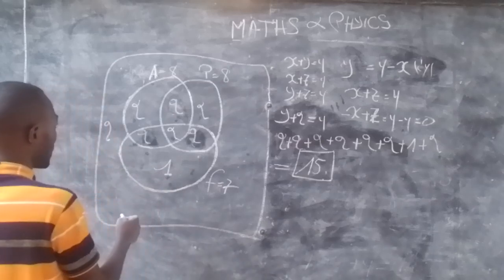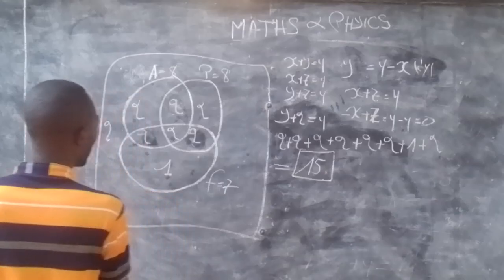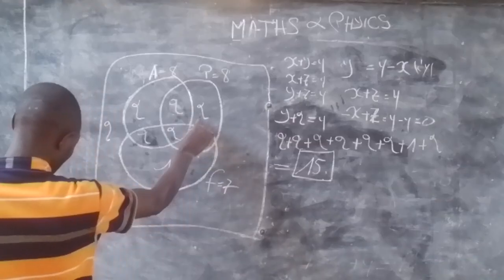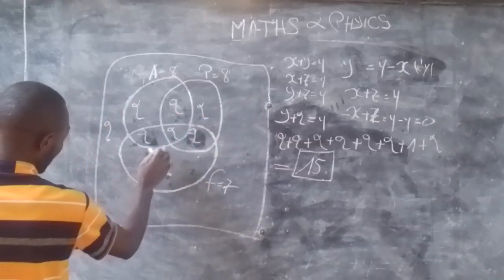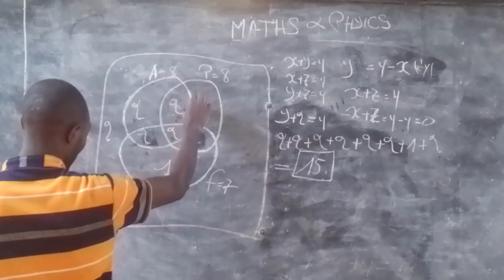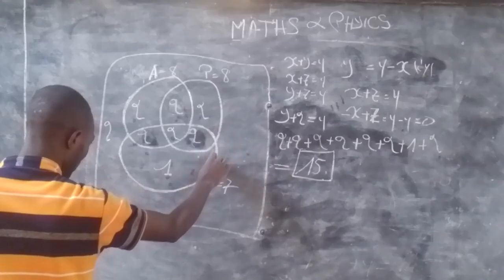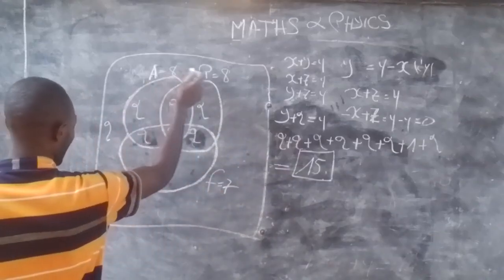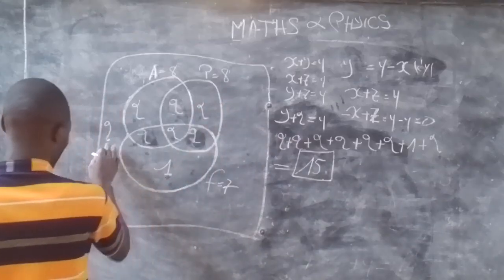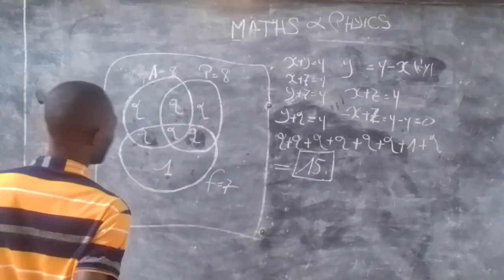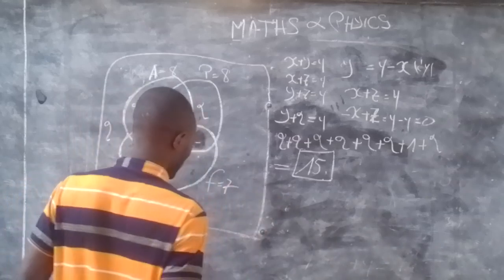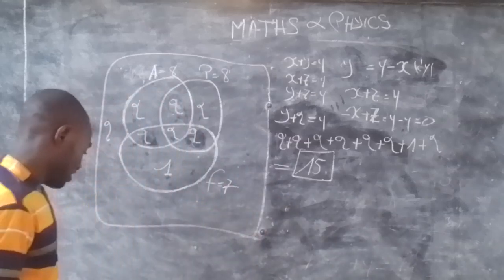So the number which does not belong to production is in these two subsets in our Venn diagram. This number does not contribute to the production, and also this does not contribute to the production. So the number who contains the board is also those 15 people.